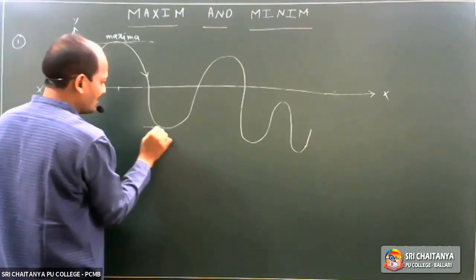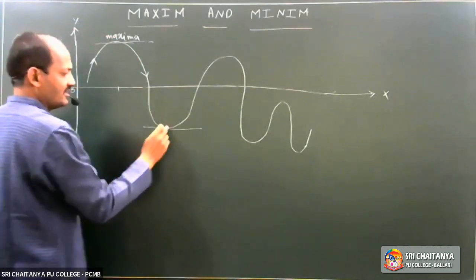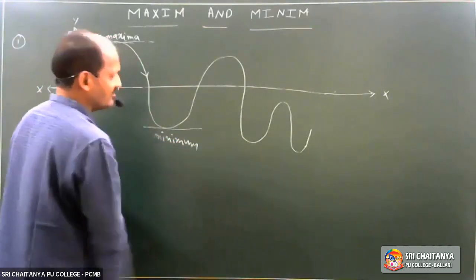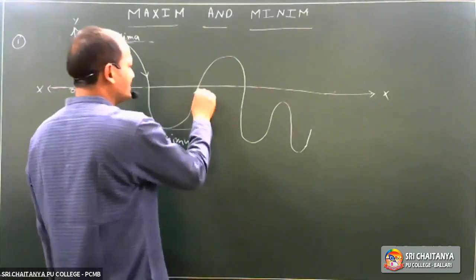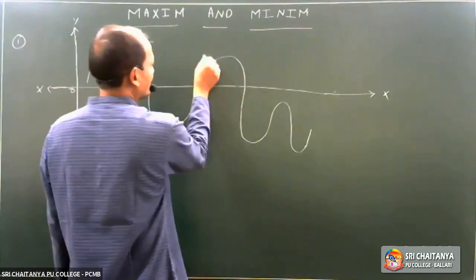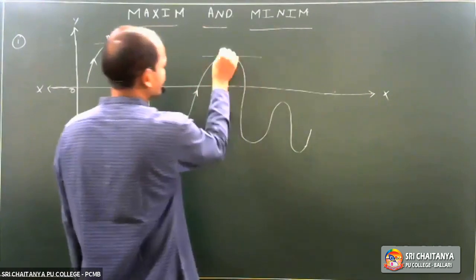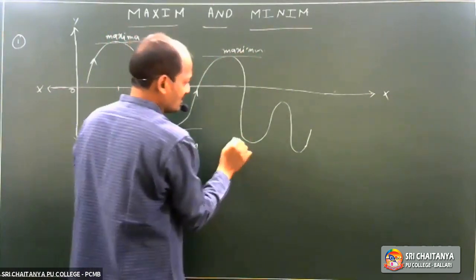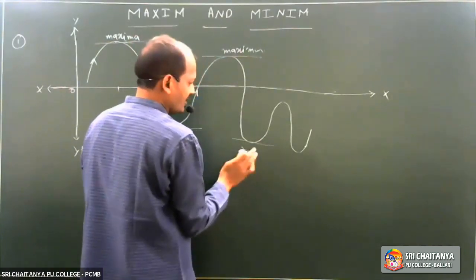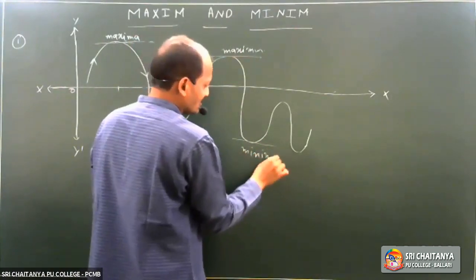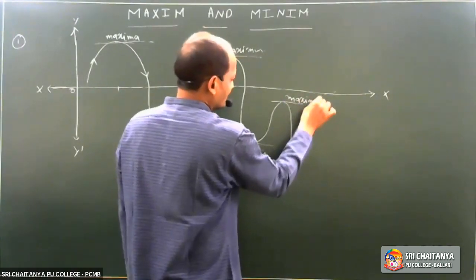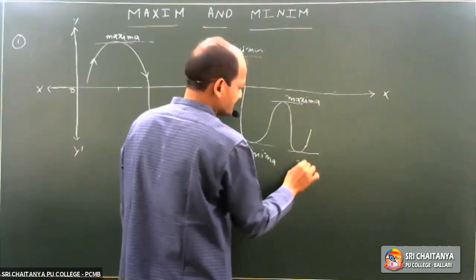It is called minima, a minimum value. Again, it is an increasing function up to here. It is called maximum. It again has a minimum, again a maximum, and again a minimum.